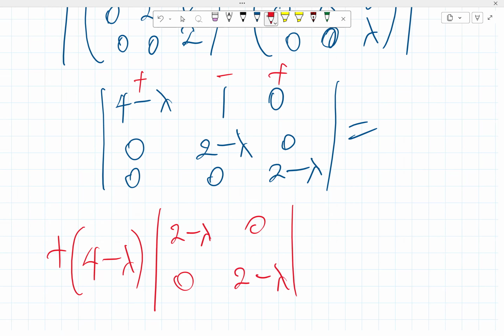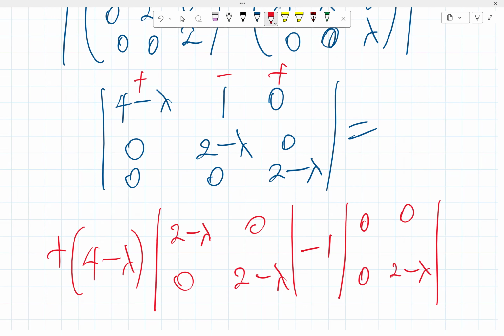Then next, we have minus 1 into cross and cross, so cross this and cross this. All I see there is 0, 0, 0, 2 minus lambda.